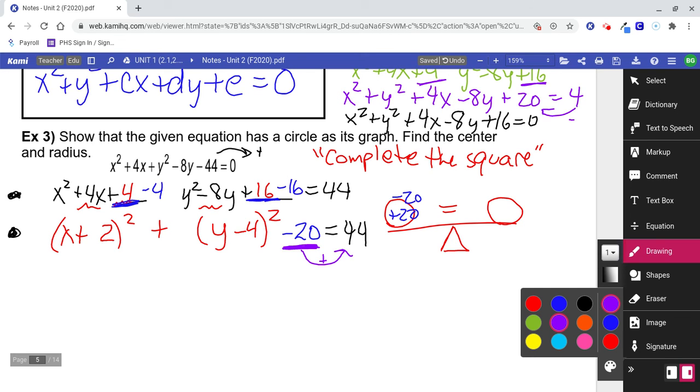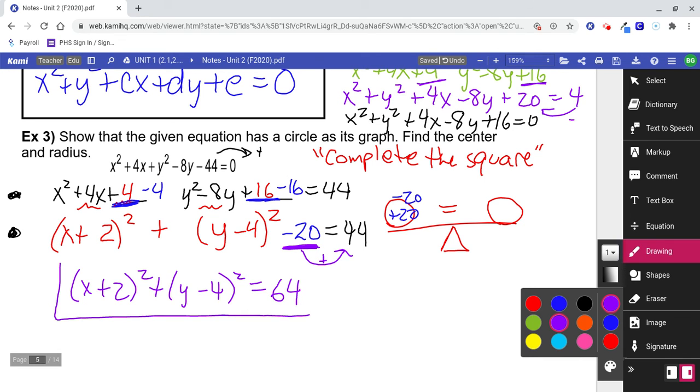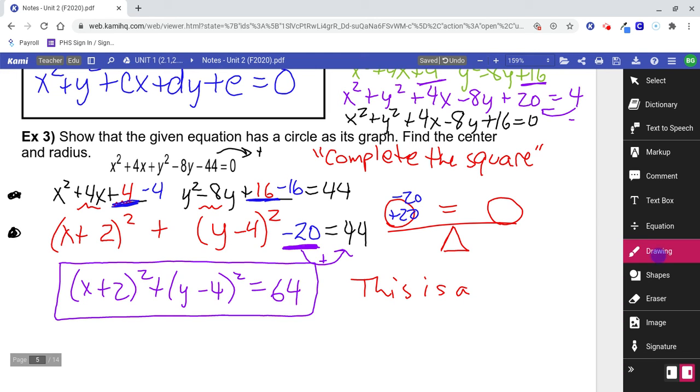Let's add 20 to both sides, and we would have x plus 2 squared plus y minus 4 squared equals 64. That's an equation in center radius form. This is a circle.